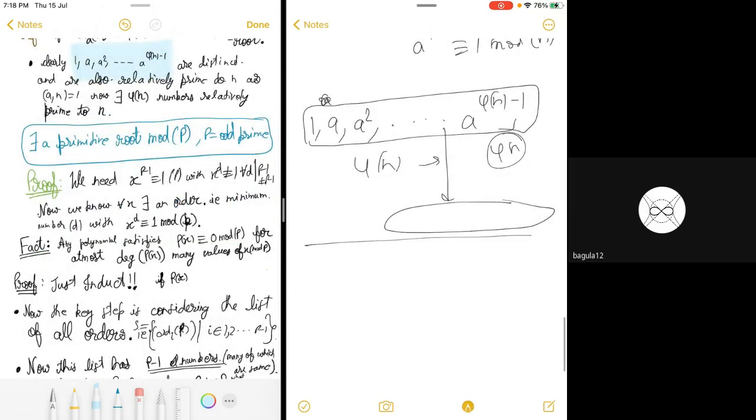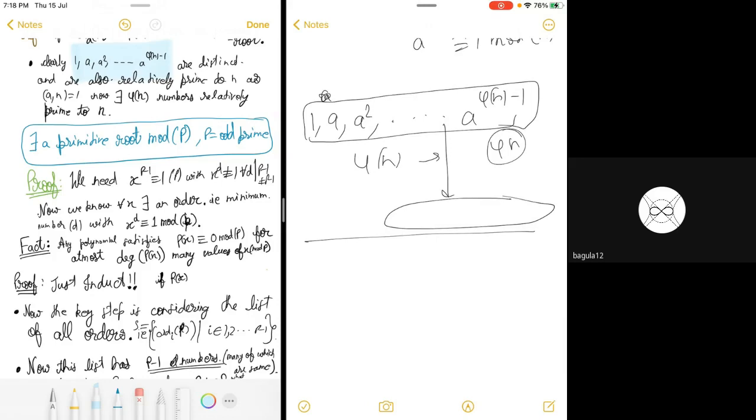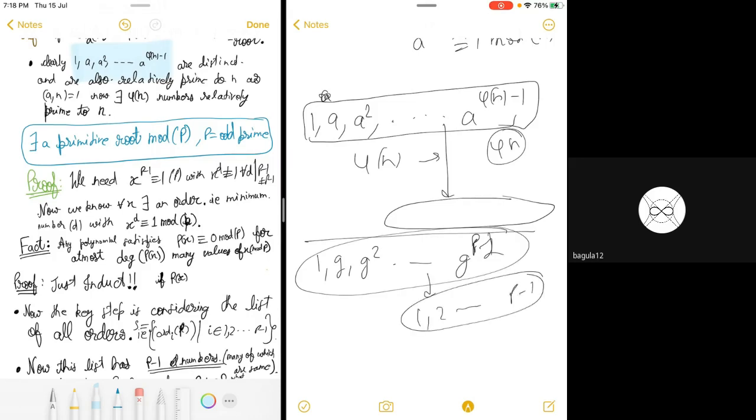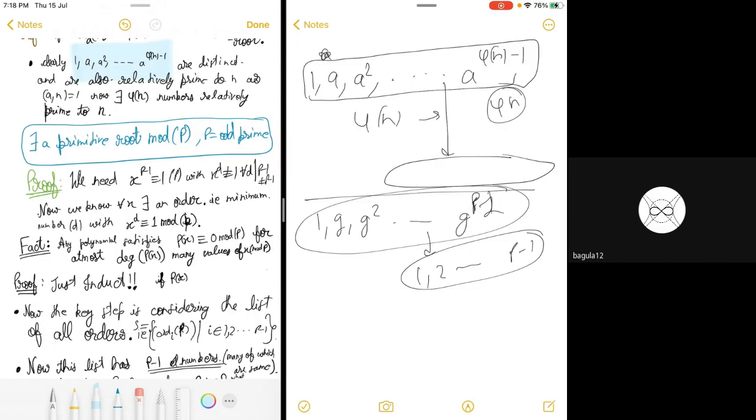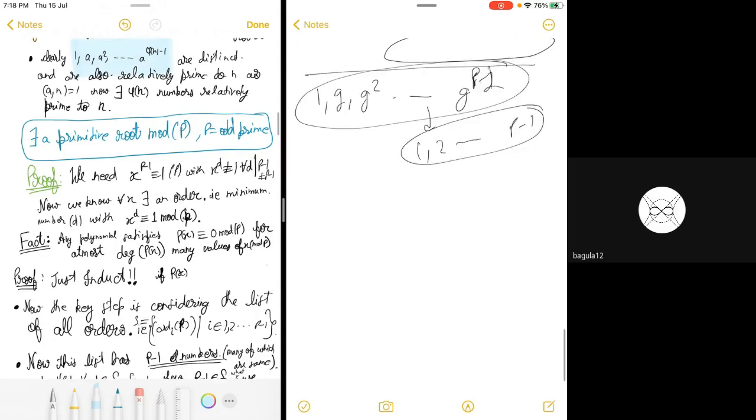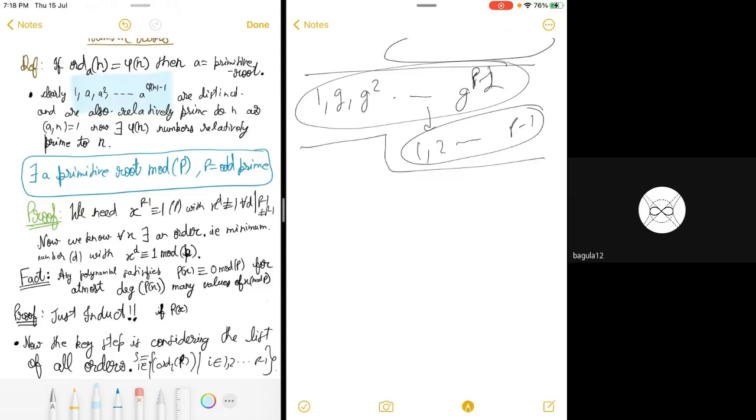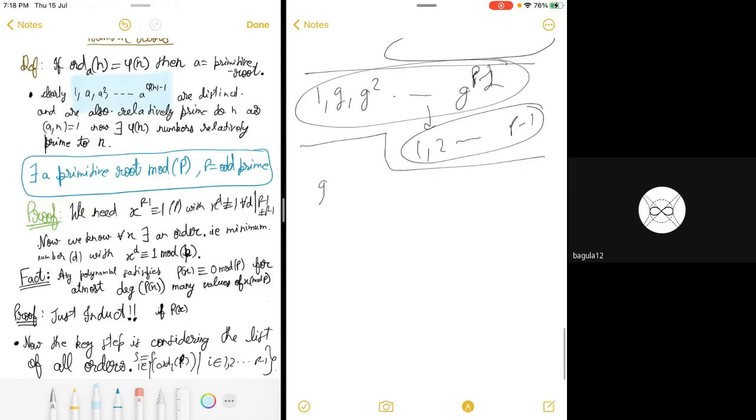And for a prime, because all the numbers less than p are coprime, the set 1, g, g squared, up to g to the p minus 1 becomes the set 1, 2, till p minus 1. This is why a primitive root modulo a prime is called a generator. So now we will prove that there exists a g which is a primitive root modulo p for every prime.